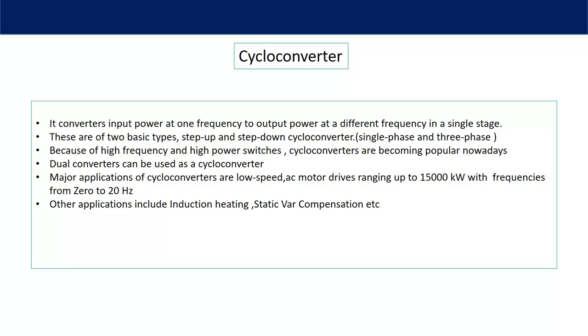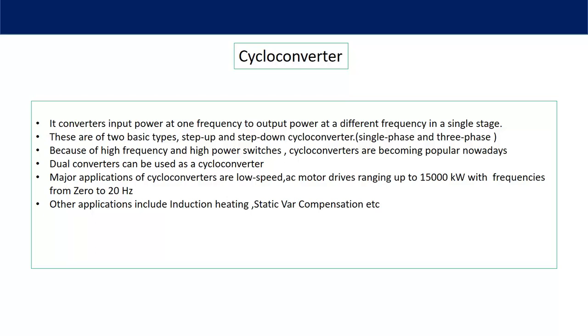We have discussed dual converter in single phase rectifier circuit. There we have seen that two converters are connected back to back and produce the same output voltage. But the same converter can be used as cycloconverter. We will discuss it.